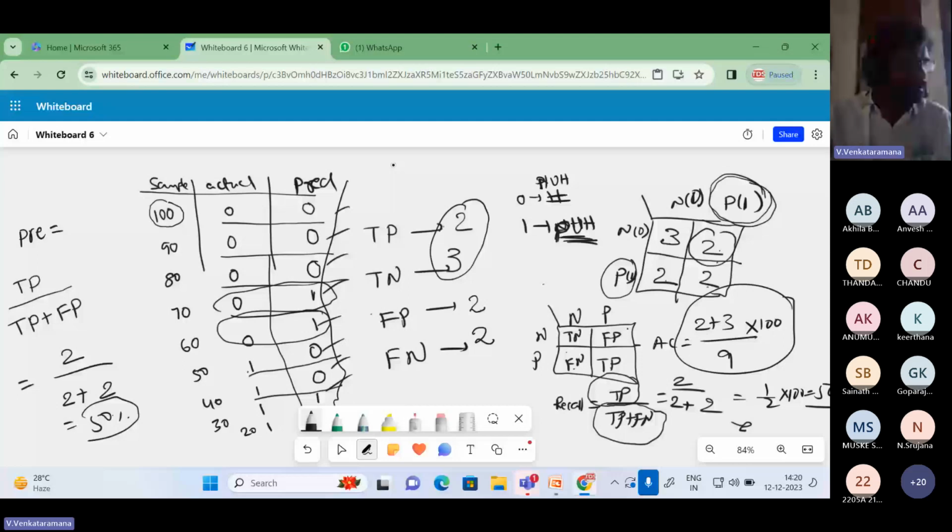I am connecting the Ethernet only, and I have the internet also here, but Venkat says there is some delay in the video. Cross-check once, Venkat, from your end also.